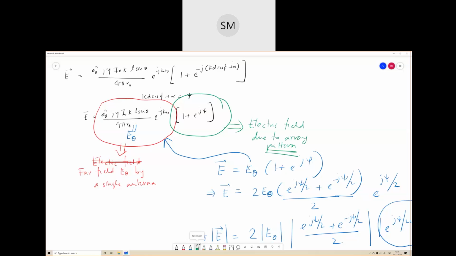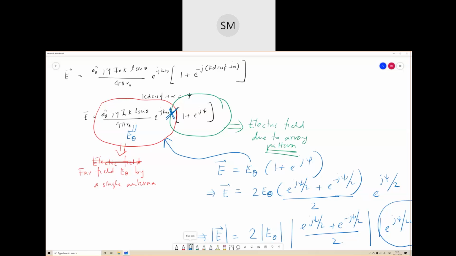The overall pattern is the product of the red term and the green term. Right? What we are doing is simply multiplying the red term and the green term to get the entire pattern, right? This is precisely the principle of pattern multiplication.